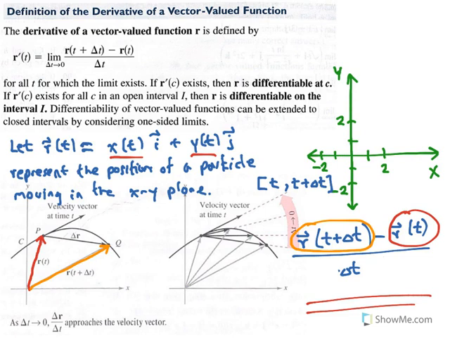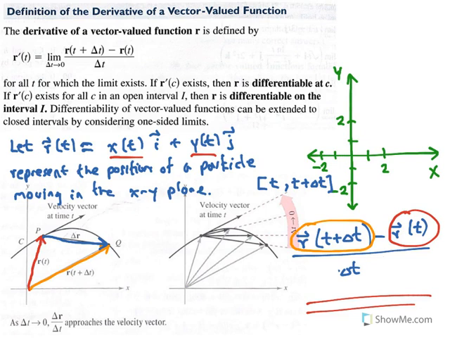So delta r would be the difference in these two positions, represented here by the vector delta r. In other words, how much did the object move as we went from t to t plus delta t. In this diagram, you can see that it moved to the right and it moved down.